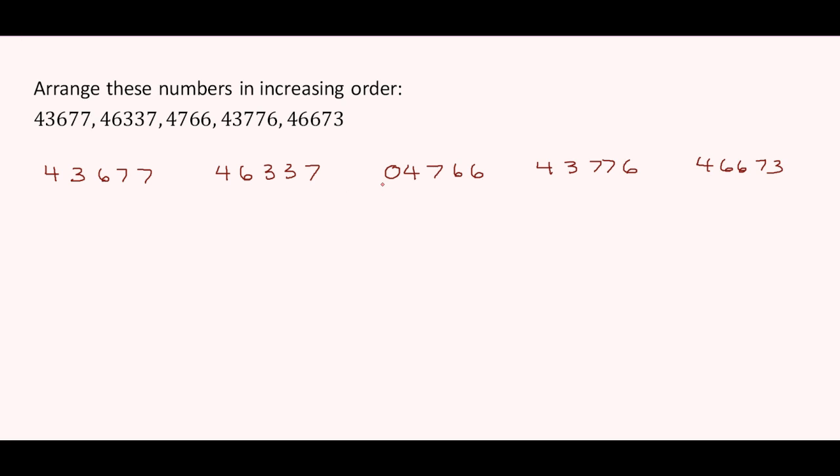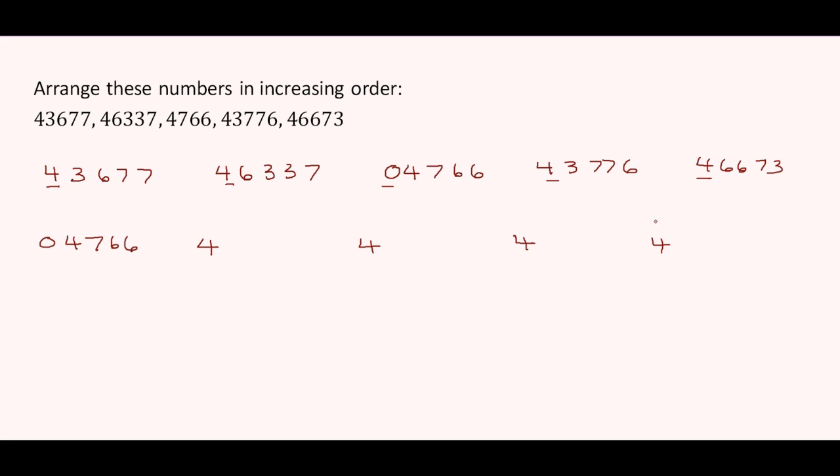We're writing in increasing order, so that means we'll start from the smallest digit. We look at the first digits of each of these numbers. We can see 0 is the smallest, then we have 4s for the rest. Because 0 is the smallest, we can go ahead and write out that number, 4766.